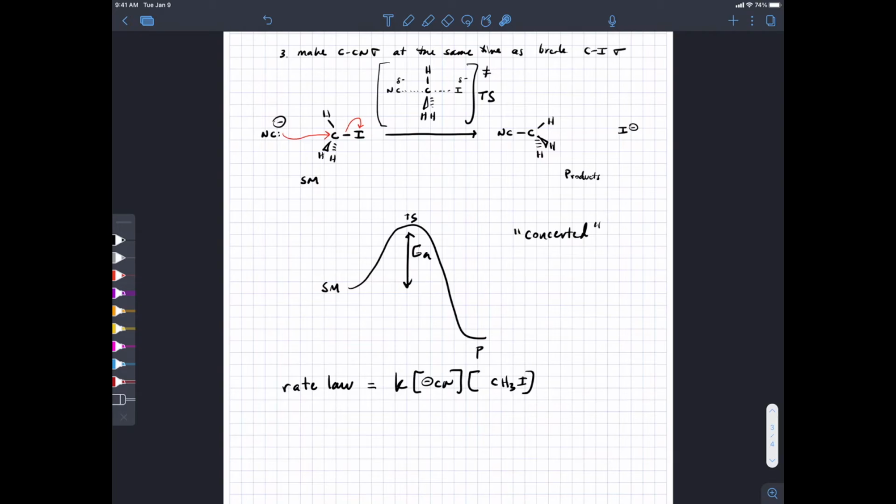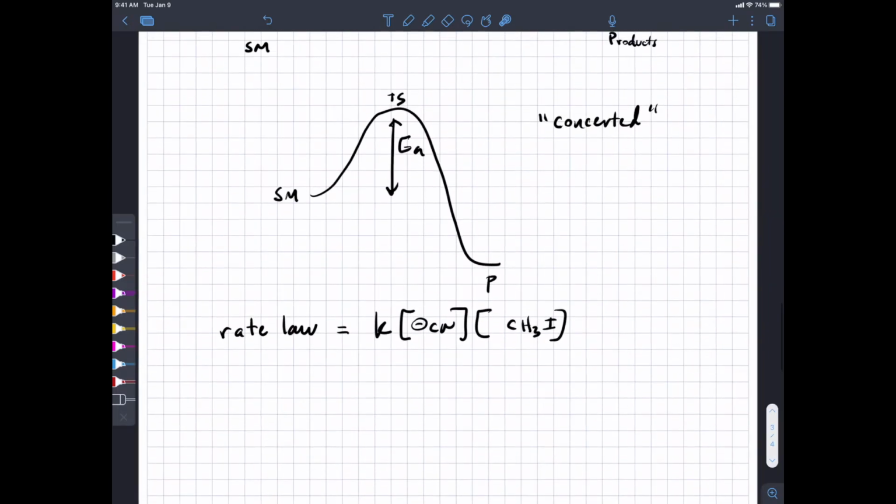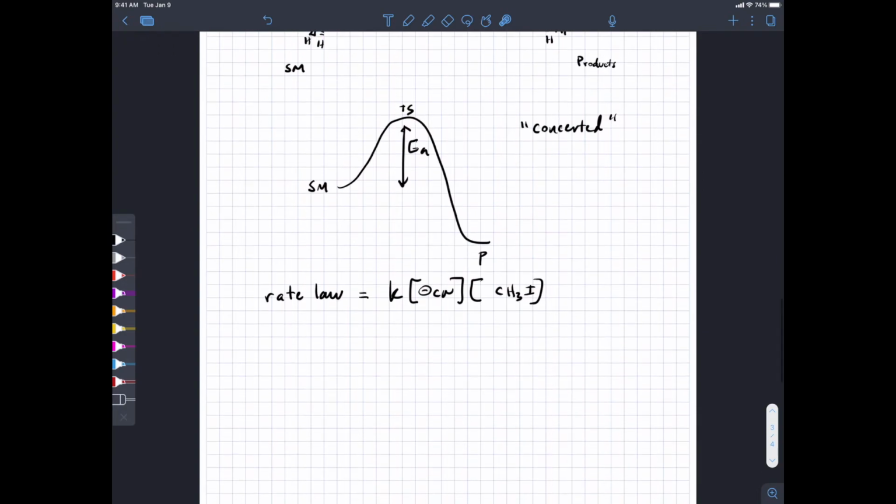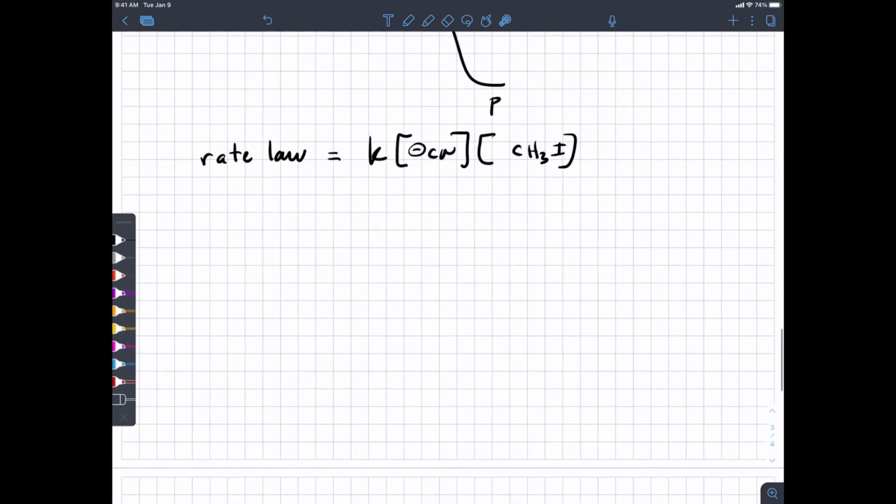One secret is that it's actually really rare, borderline impossible, for 3 molecules to find each other directly in solution at the same time. But that's really neither here nor there. What we mean by this rate law is that the key rate determining step is the one where CN minus finds CH3I.